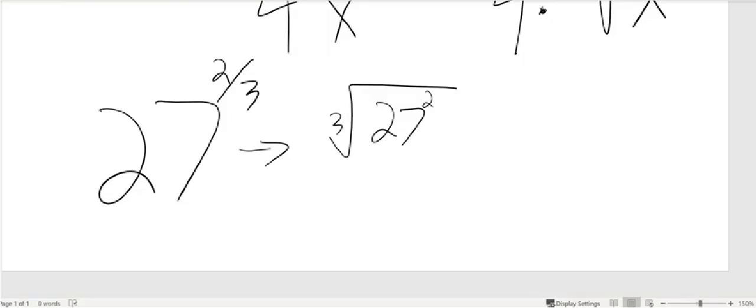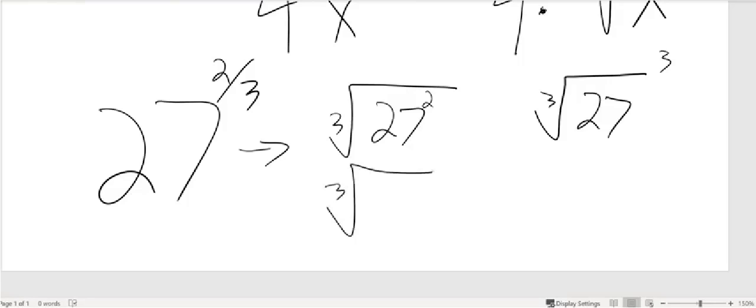There are 2 ways to do this, guys. You could take 27 squared and take that resulting number to the 3rd root. Or you can take the 3rd root of 27 and take that number to the 2nd power. Both are going to give you the same answer. I'm going to show you both ways, but you don't have to do both, you just need to do one way. So if you took 27 squared, you're going to get 729.